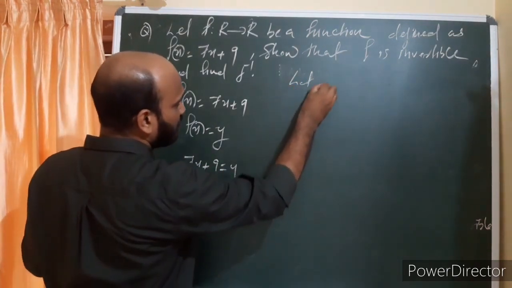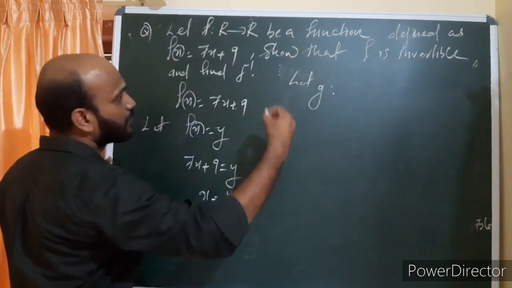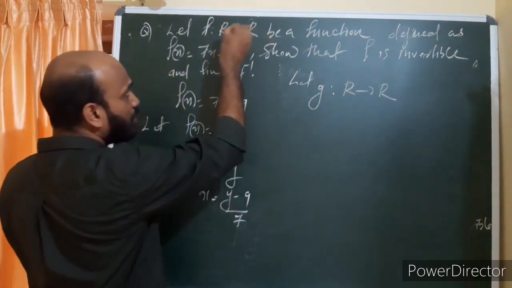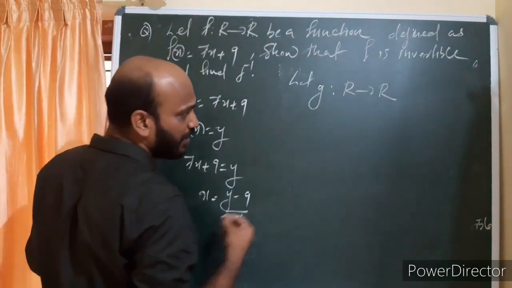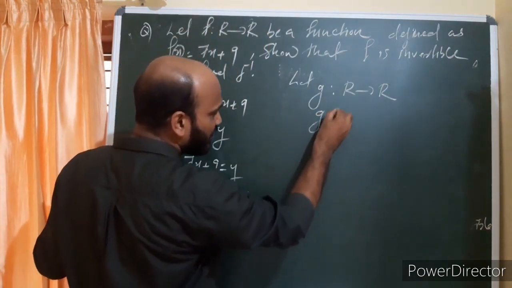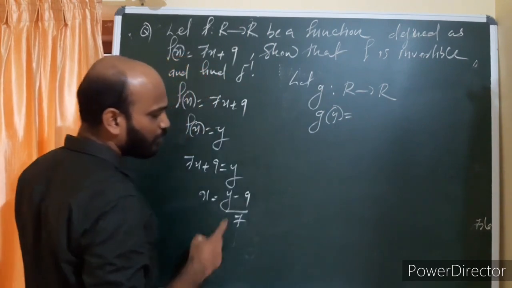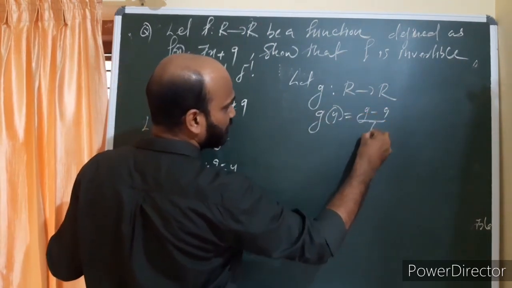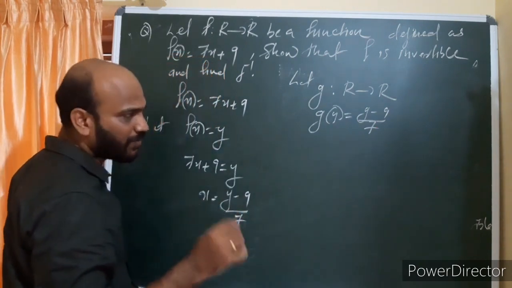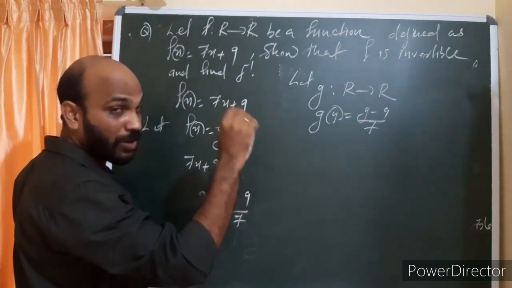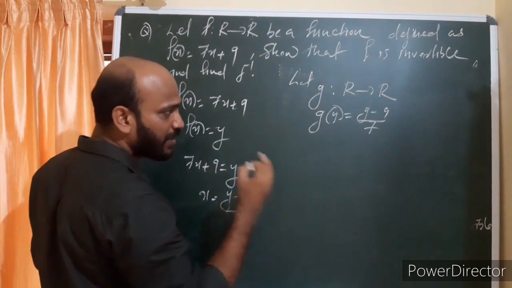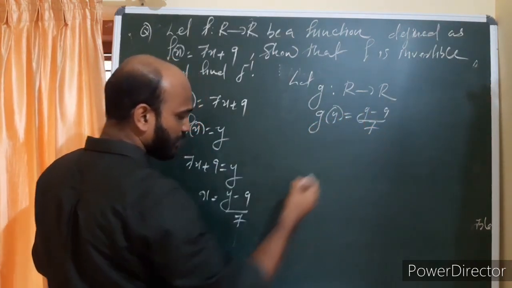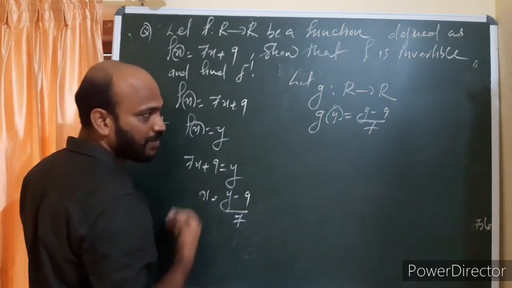Let g from R to R be a function defined as g of y equal to (y minus 9) by 7, and defining a function from R to R means codomain to domain, such that g of y equal to (y minus 9) by 7 at the same value of x.